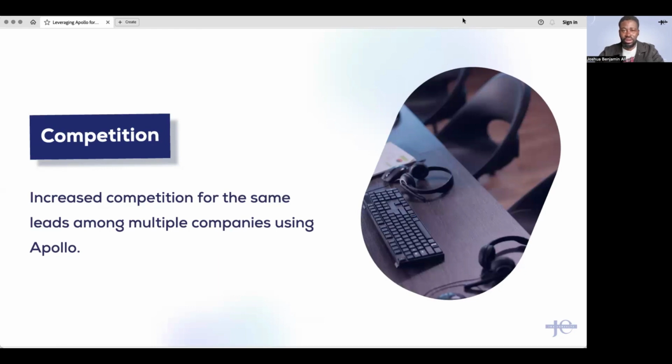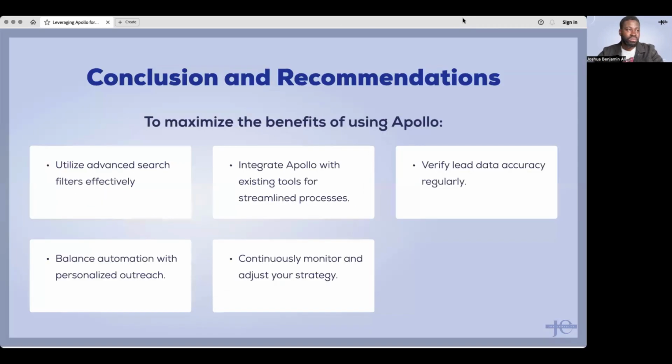That's the reason why it's very good that you try as much as possible to familiarize yourself with other lead generation softwares or systems out there. So what's the conclusion? To maximize the benefits of using Apollo, utilize advanced search filters effectively, integrate Apollo with existing tools for streamlined processes, verify lead data accuracy regularly, balance automation with personalized outreach, and continuously monitor and adjust your strategy.